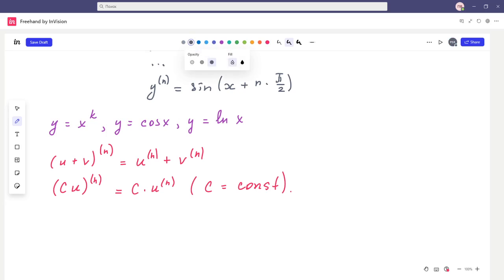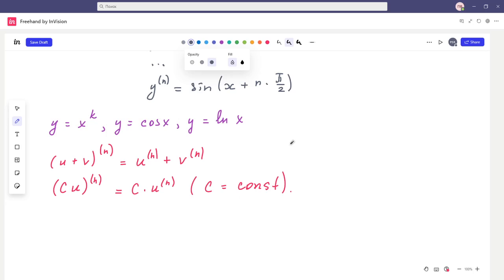Let us derive a formula called the Leibniz rule, a formula that will enable us to calculate the nth derivative of the product of two functions u of x times v of x. To obtain this formula, let us first find several derivatives and then establish the general rule for finding the derivative of any order.